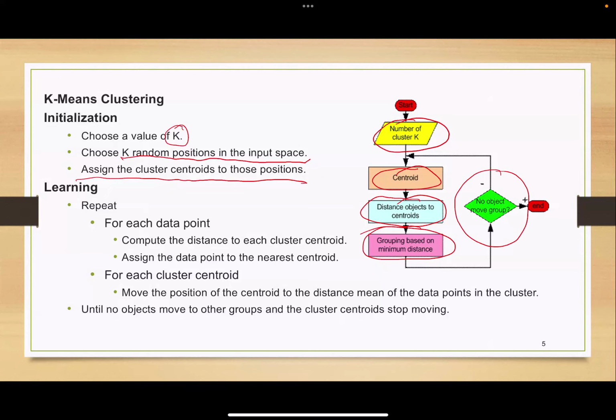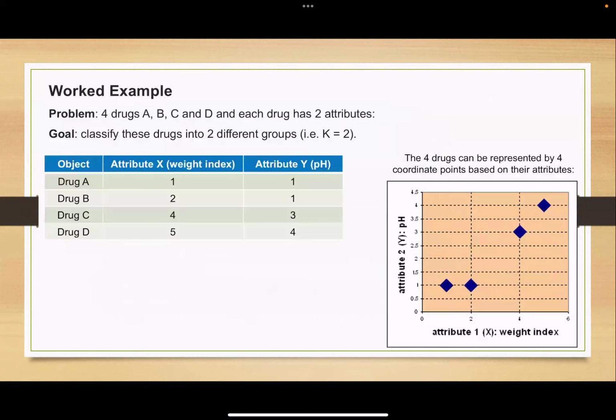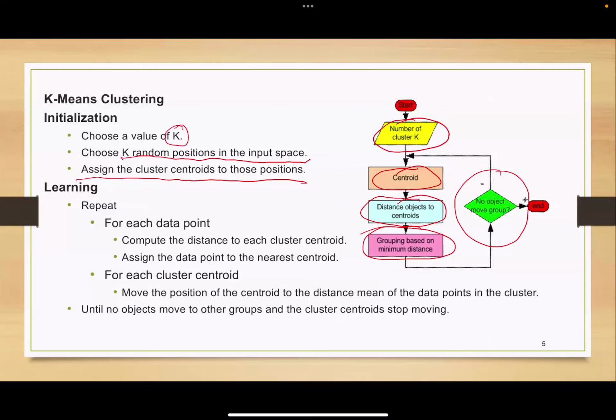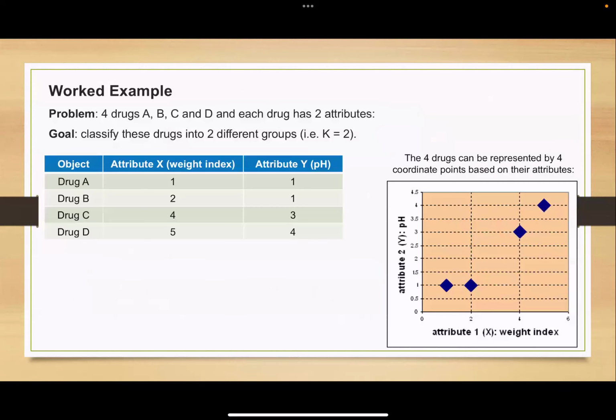You might be a bit confused by this process, but it doesn't matter. We will use an example to illustrate it. So let's say we have 4 points here. We have 4 drugs, A, B, C, D, and each drug has 2 attributes representing X and Y. So we have 4 data points.